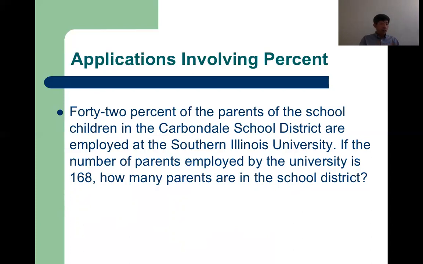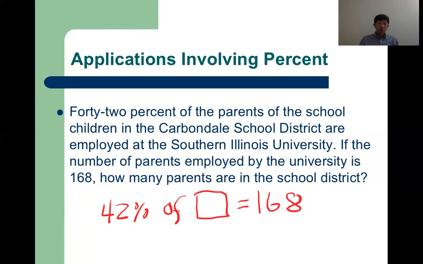In this problem, we have to write a mathematical sentence. 42% of what, an unknown number, because we're looking for the whole, the number of parents in the school district, which is equal to 168. So 42% of what is equal to 168.